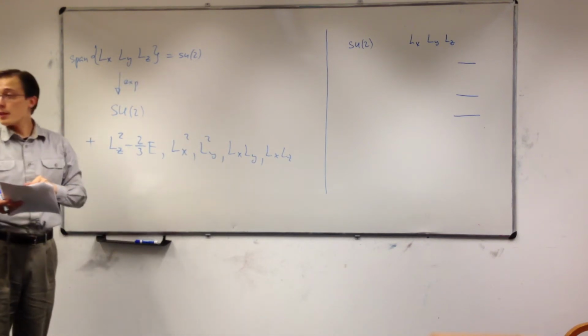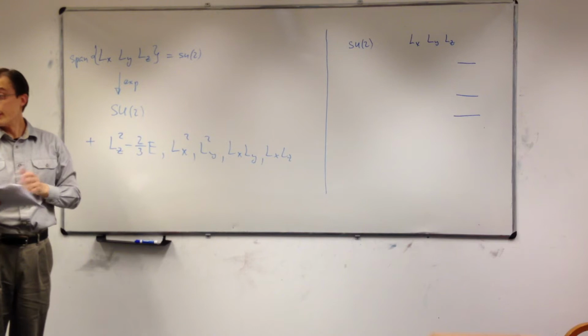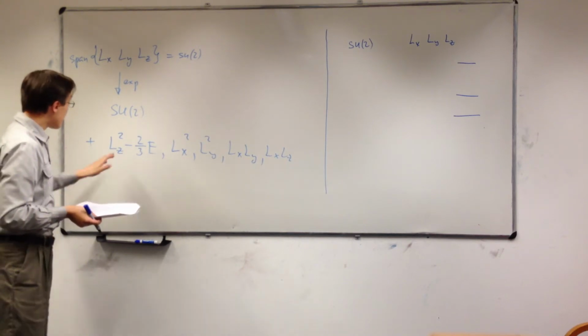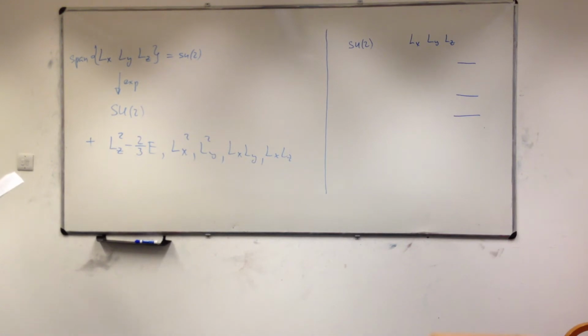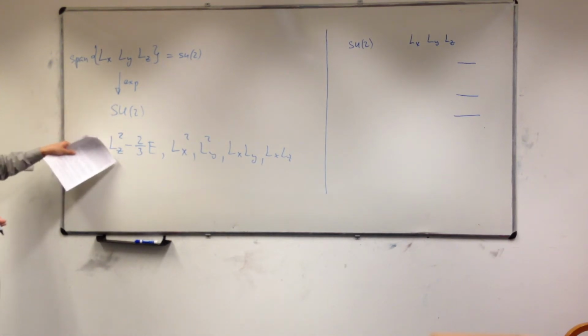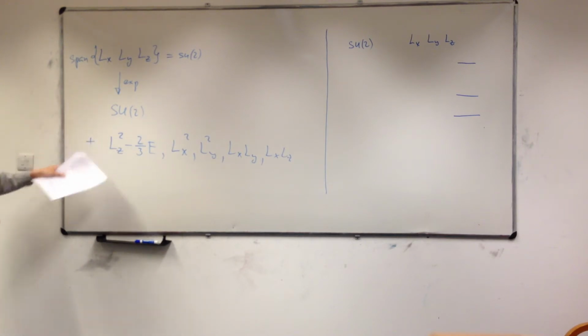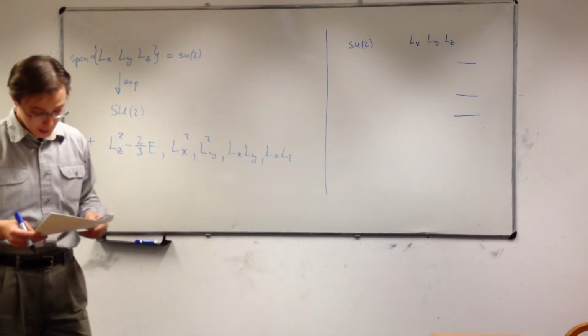How many generators does SU3 have? 8. And these are in fact related to the Gell-Mann matrices, as we'll see in a moment. So the presence of extra interactions in quadrupolar resonance means that in this case, in presence of those interactions, spin 1 is actually described by SU3.